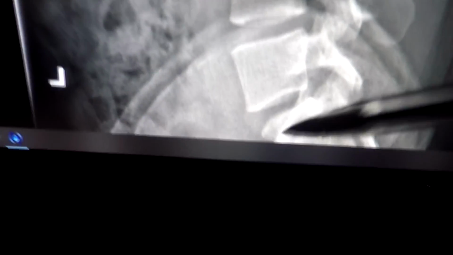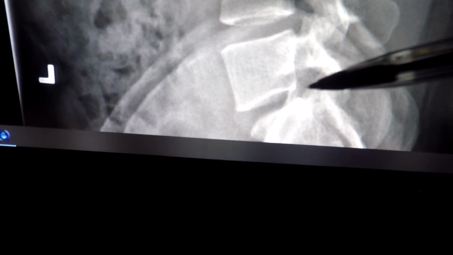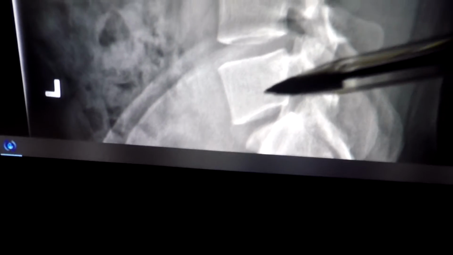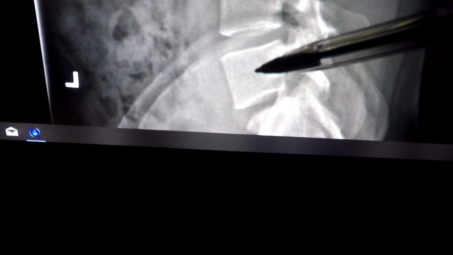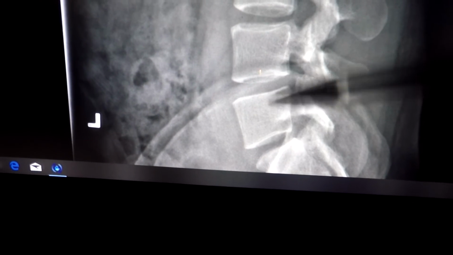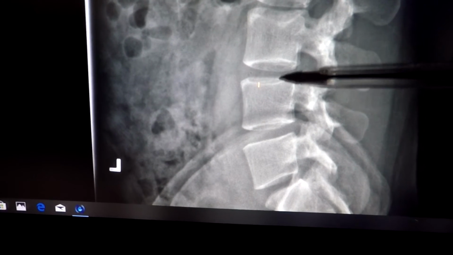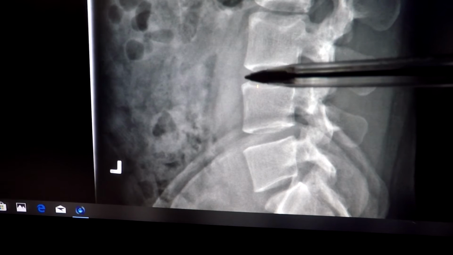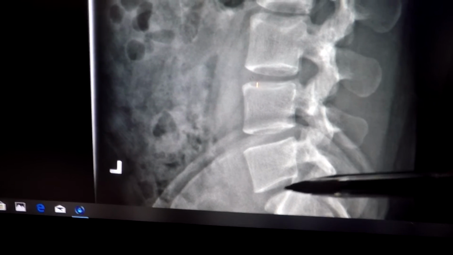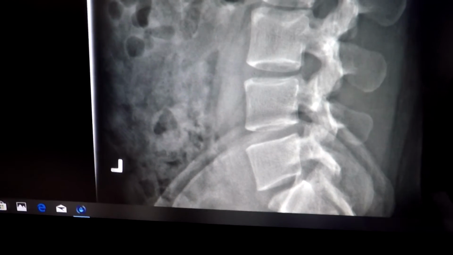So what we're looking at is a fantastic disc. A disc is the space in between the two bones, so it's the darker part right here. Here is another spot where the disc is looking very good. This is what normal discs should look like.